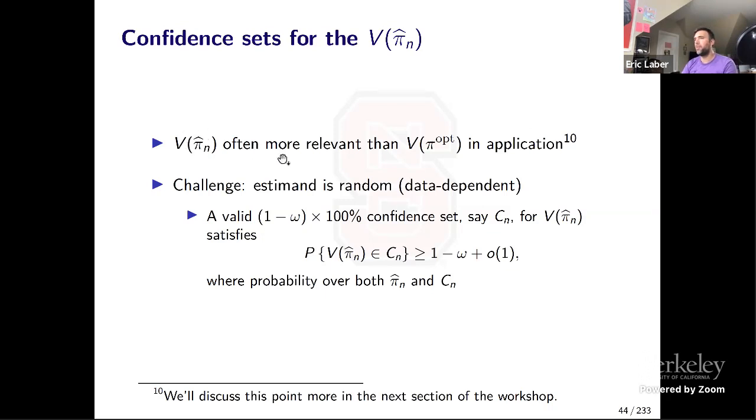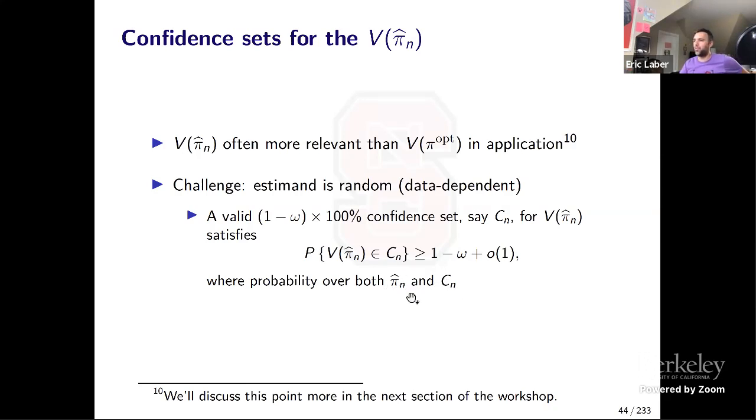So if we have a random estimand, then what do we mean when we say to construct a confidence interval for it? Well, a valid 1 minus omega confidence set, let's say Cn, for v of pi hat is just a random set that satisfies: the probability that v of pi hat is in Cn is at least 1 minus omega plus a negligible term, where the probability is over both the randomness in pi hat and in Cn, and also, as Emma pointed out, if there's randomness in pi hat, if it's a stochastic policy.